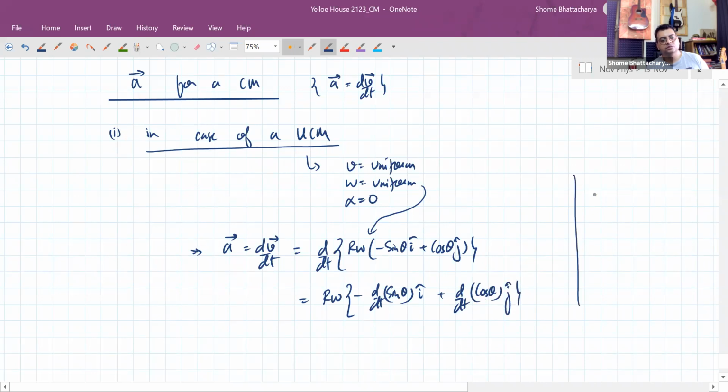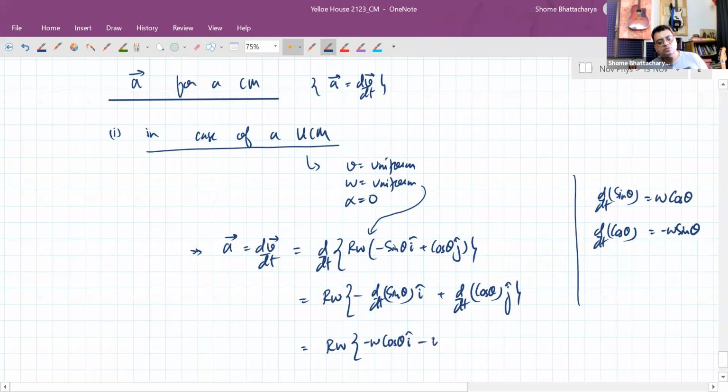And previously we've understood by chain rule that rate of change of sine theta is omega cos theta, and rate of change of cos theta is minus omega sine theta. So what we now see, that this term will become r omega into minus omega cos theta i cap minus omega sine theta j cap.